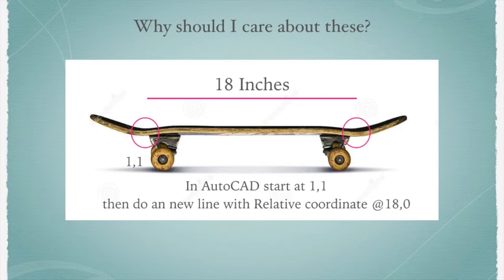But it'd be much easier to say, well, that's 18, so let's just move 18 in that direction. So in AutoCAD, you could start that corner on the left at 1,1, and then do a new line with a relative coordinate at @18,0. And that will bring you 18 inches to the right.